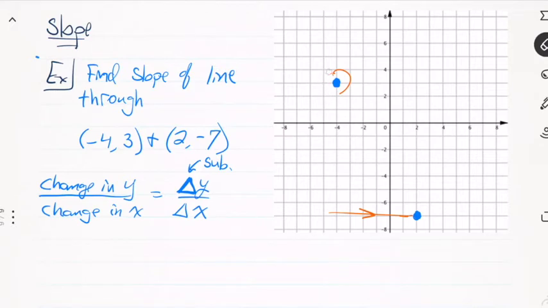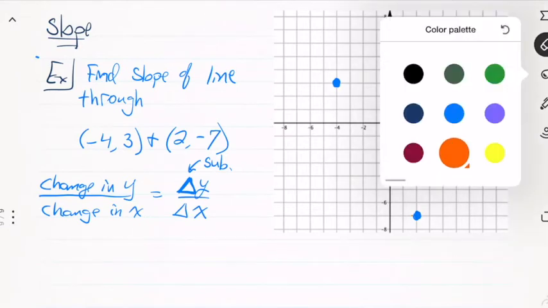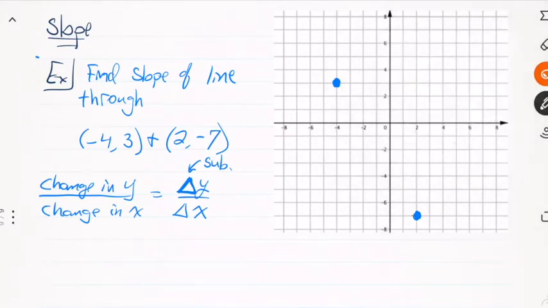Conversely, let's say we start at the other point. Well, to do a change in y on the other point, down here, we would have to go upwards first. So that would be a positive change in y. We'd become level with the other point, and then eventually we'd have to go in that direction, which is to the left, which is negative. So then it would be a positive over a negative, and you still end up with a negative slope. So it doesn't matter what point we're going to move from.